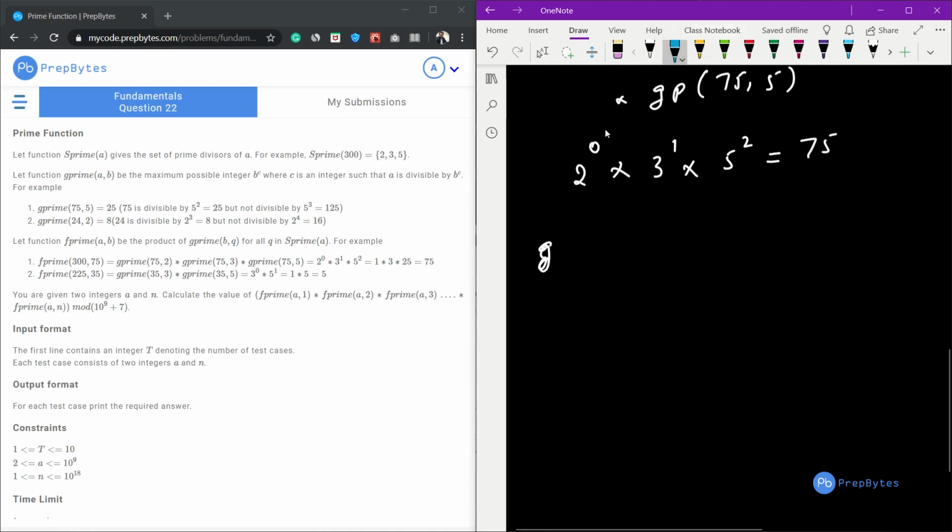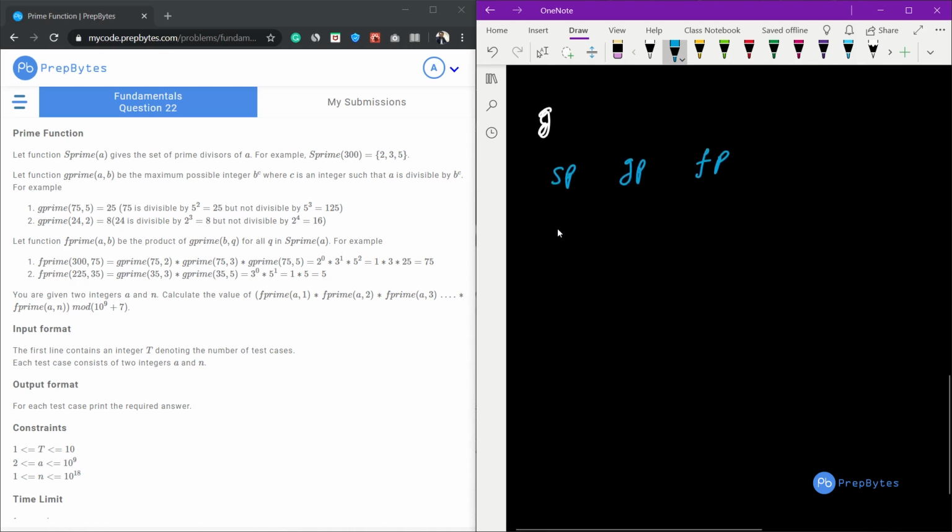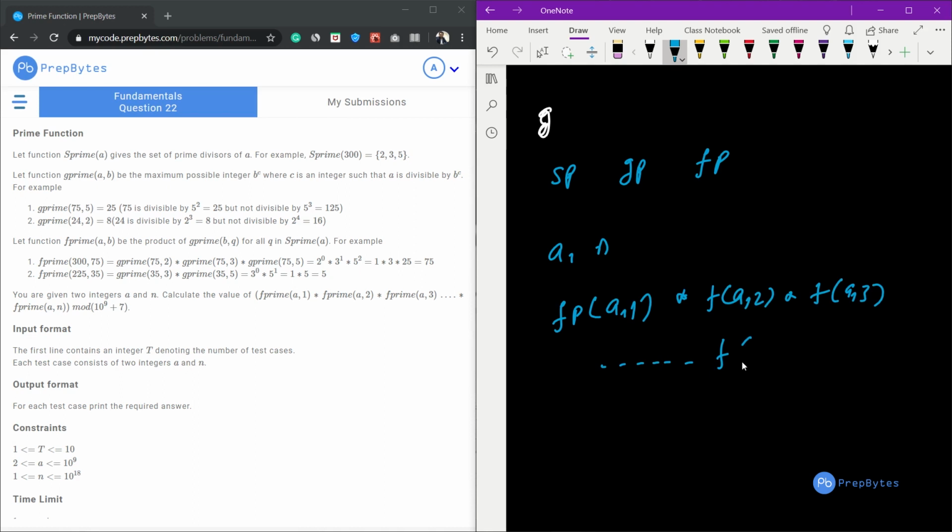What the question is asking us is this: they have given us the definitions of s prime, g prime, and f prime. If we give you two numbers a and n, can you calculate f prime of a comma 1 multiplied by f prime of a comma 2 multiplied by f prime of a comma 3 and so on till f prime of a comma n, the whole thing modulo 10 to the power of 9 plus 7.